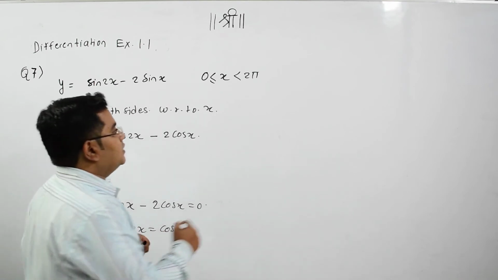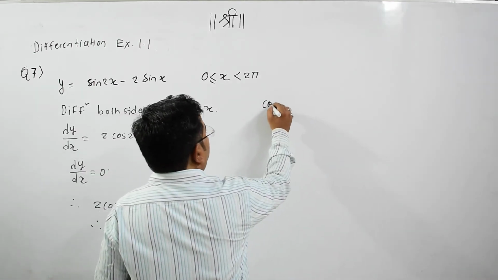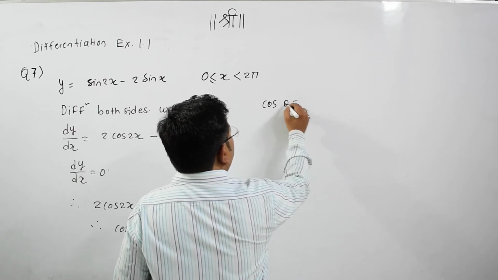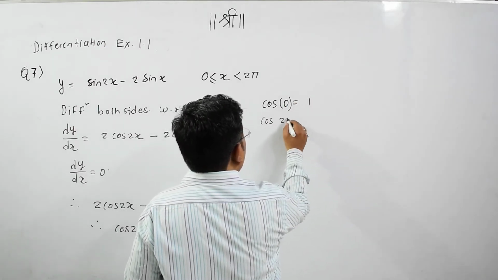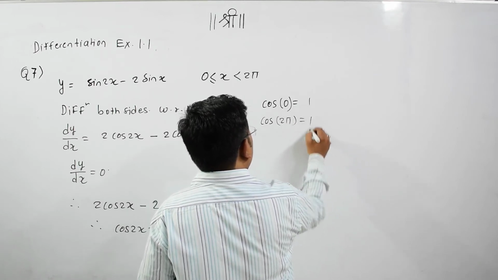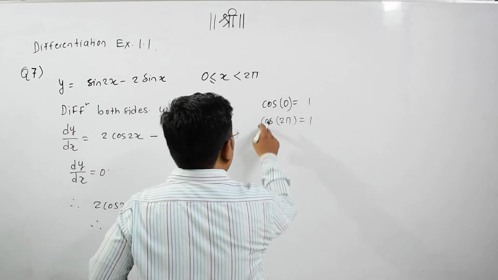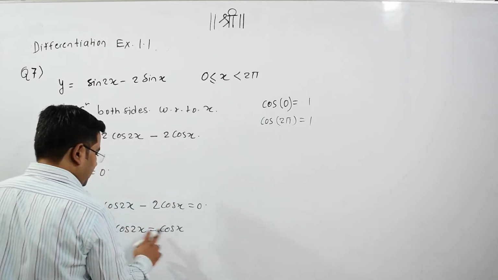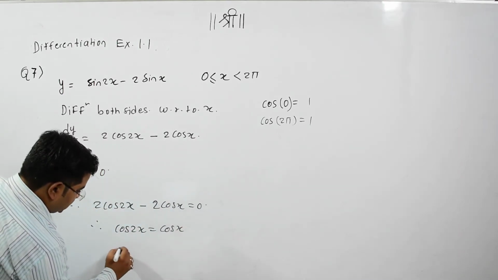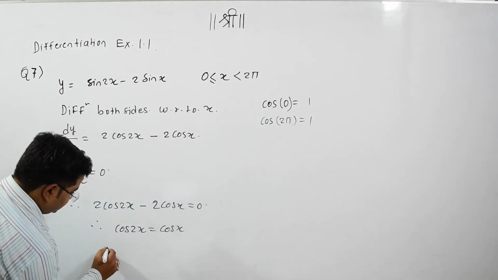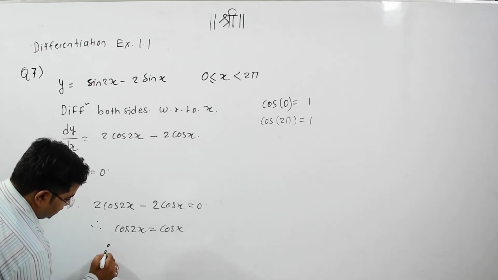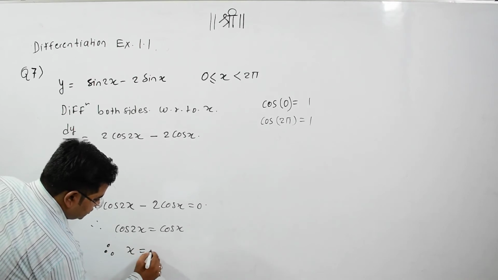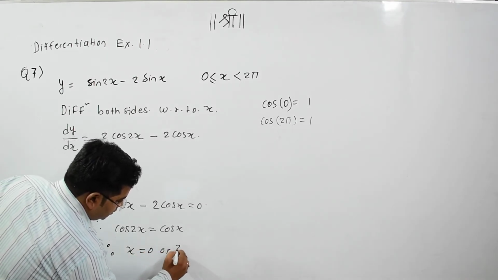It's simple: cos 0 is equal to 1 and cos 2 pi is equal to 1, and that's how we can have these values. Therefore x is equal to 0 or 2 pi.